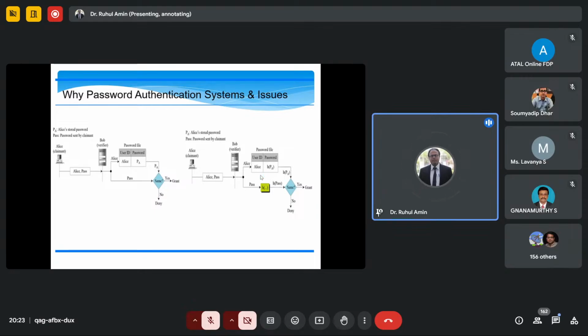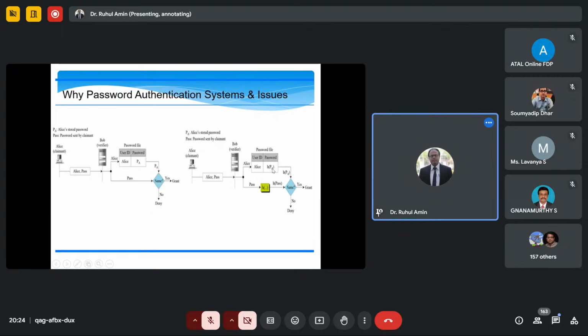But what is your understanding? Is this method fully secured? No, this method is not fully secured, because we are only storing H of PA, that means only the hash value. Although it is difficult, there are several mechanisms from which you can get it.